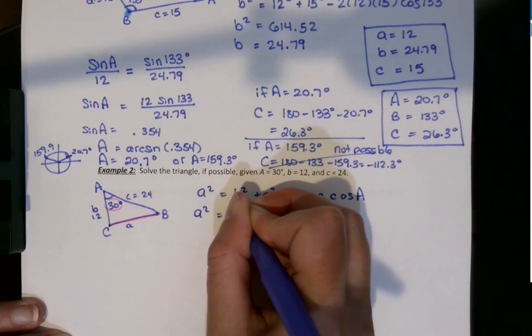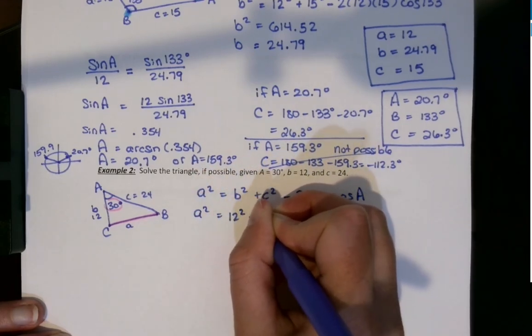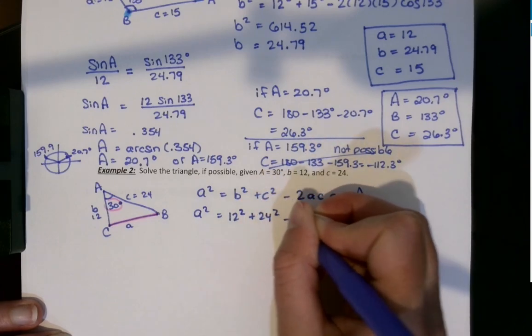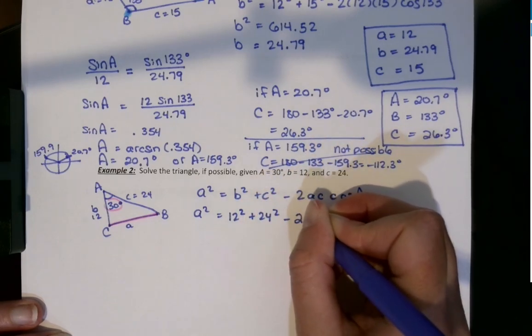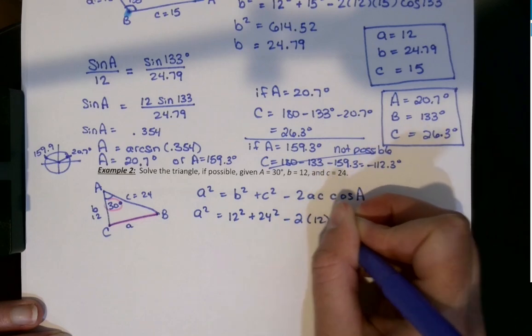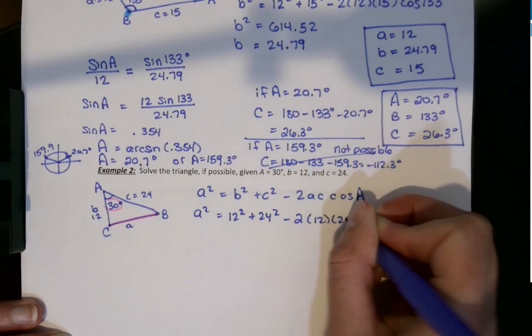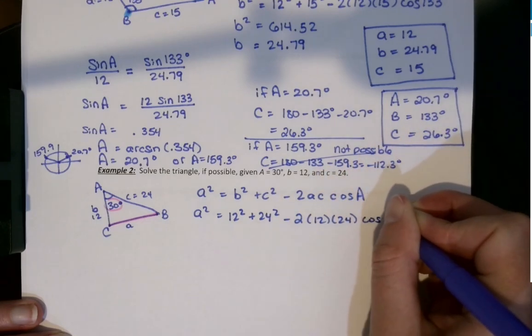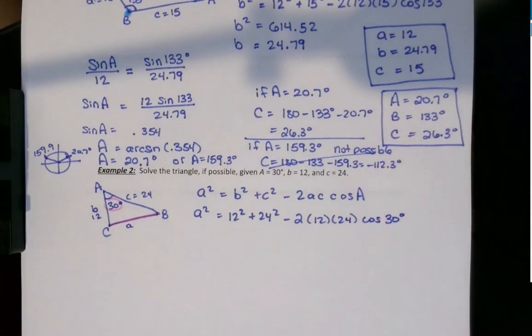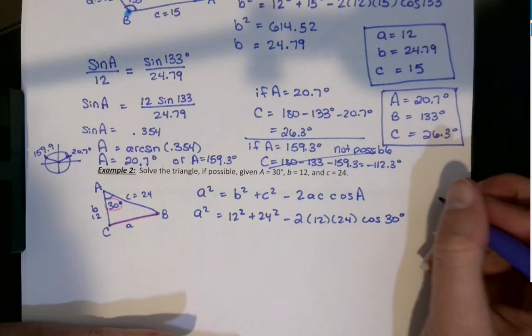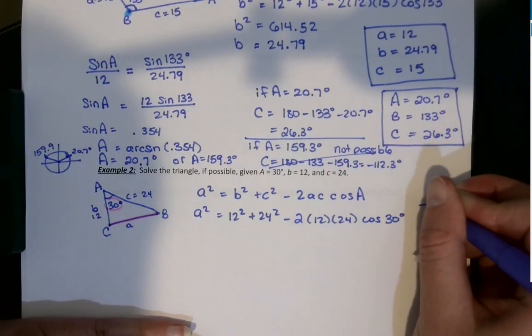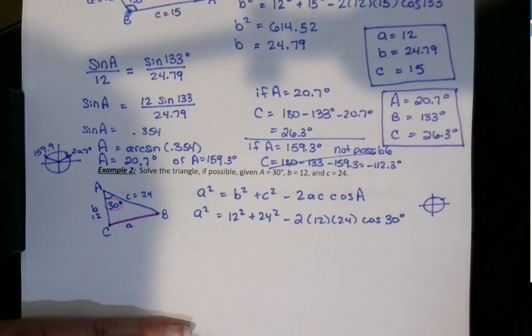B is 12, so 12 squared plus 24 squared minus 2 times 12 and 24, and the cosine of that 30-degree angle. The cosine of 30 degrees is a known angle, but it's going to come out as square root of 3 over 2.